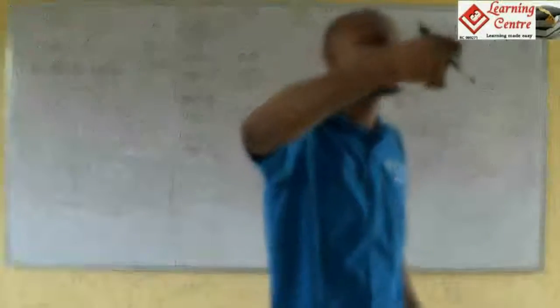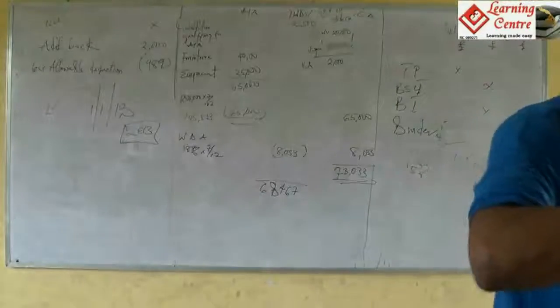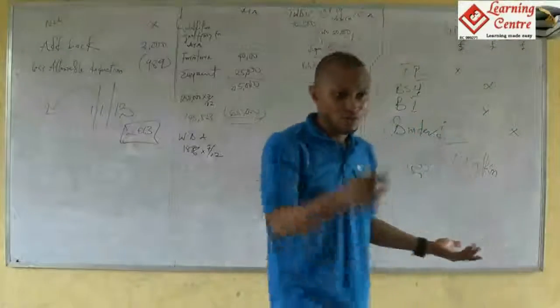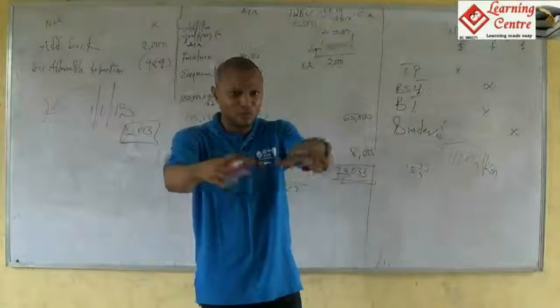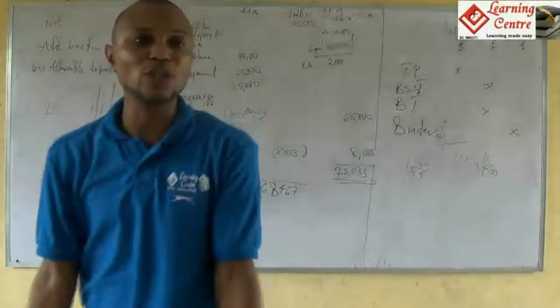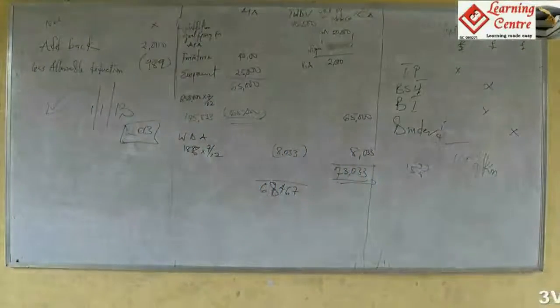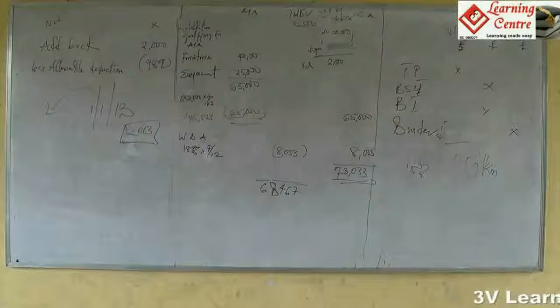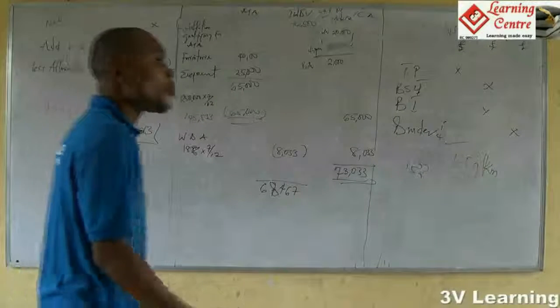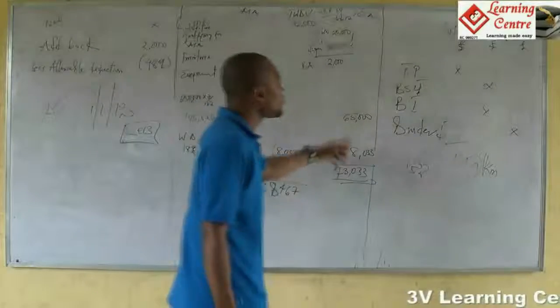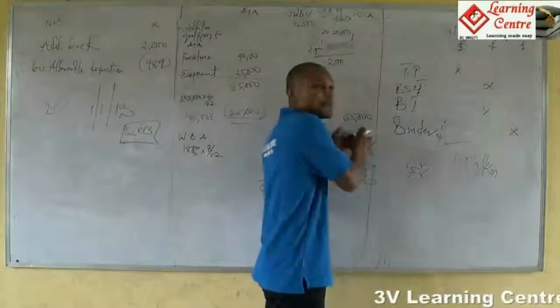And balancing charge is a form of income. Do you get it? You bought this thing, say this chair, say 20,000. You now dispose of it at 25. You're having a gain of what? 5,000. That 5,000 is a form of what? Income.